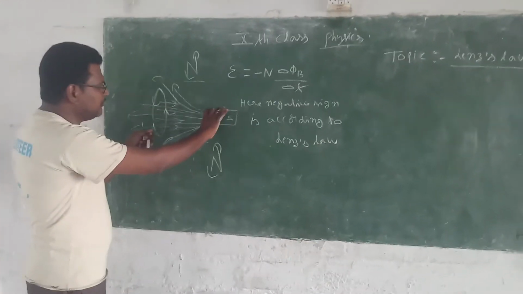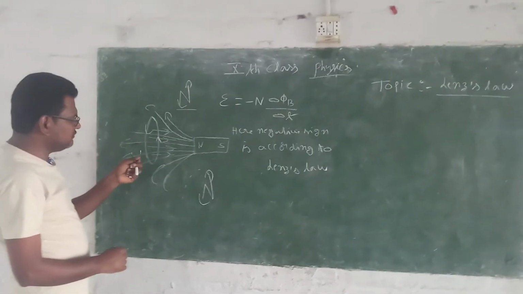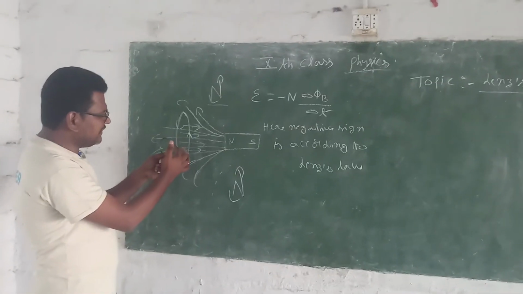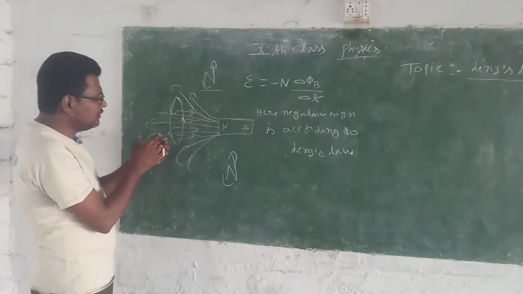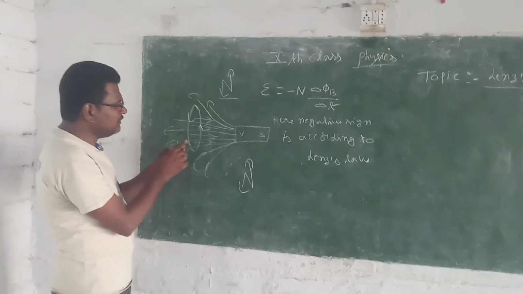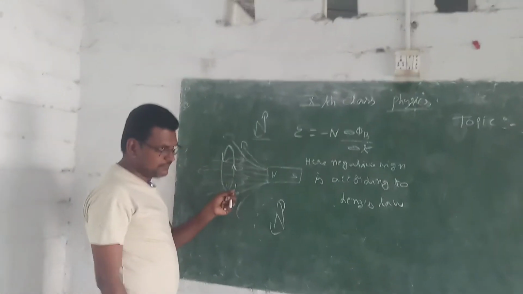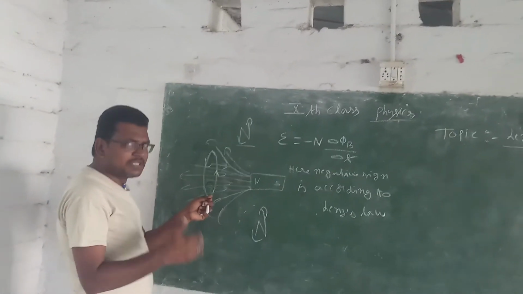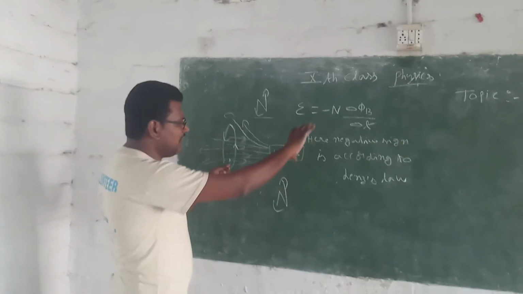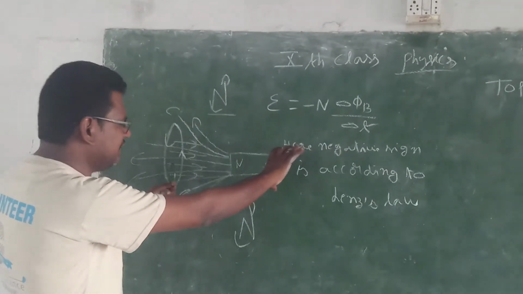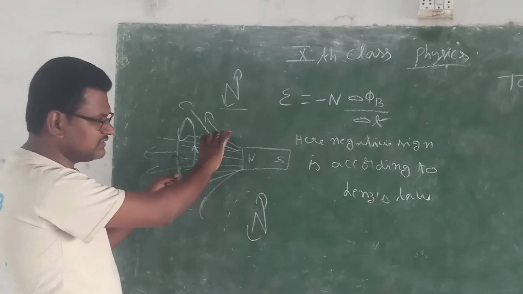As we move the north pole of a magnet towards the coil, the surface of the coil acts as a north pole, and there is a repulsion between the north pole of the coil and the north pole of the magnet.